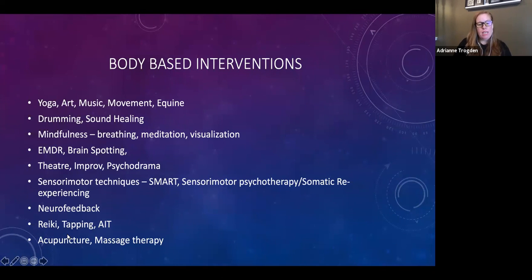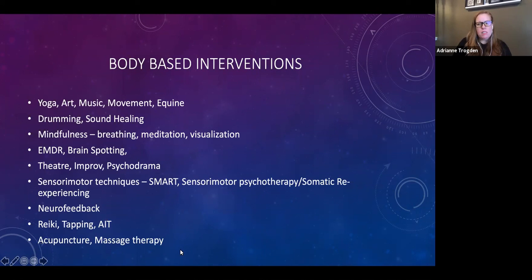Energy work, Reiki, tapping, AIT or advanced integrative therapy, all energy work related, that can be a different experience for a client to work through their trauma that's experienced in the body. We just talked about trauma being held in the body and that the body remembers. Doing some energy work could be helpful for a client. Acupuncture, massage therapy, again, dealing with pressure points, energy of the body.